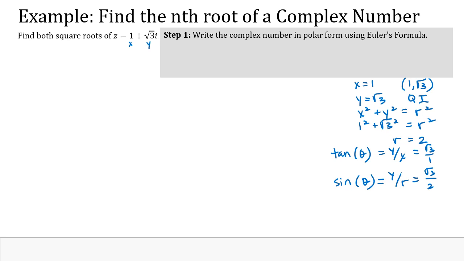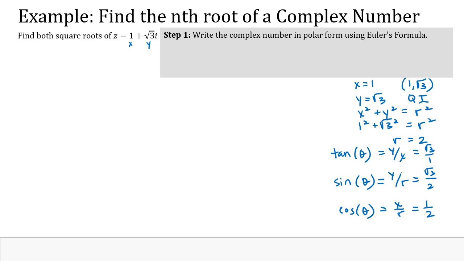If I feel pretty confident with that r value of 2, I might use the sine instead, because I do have memorized what angle produces a sine of the square root of 3 over 2. Or maybe I want to use cosine. Cosine is x over r. My x value is 1. My r value is 2. No matter which one of these you use, you'll get the same theta. All right, so you decide what works best for you.